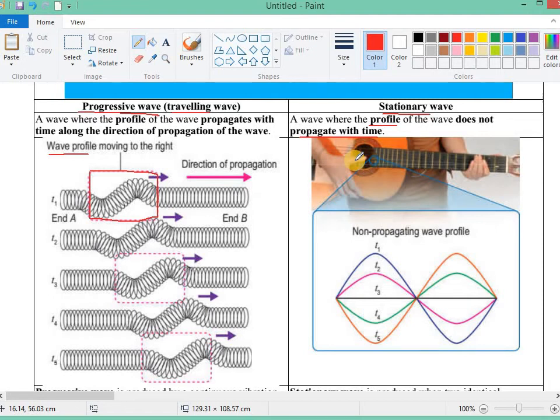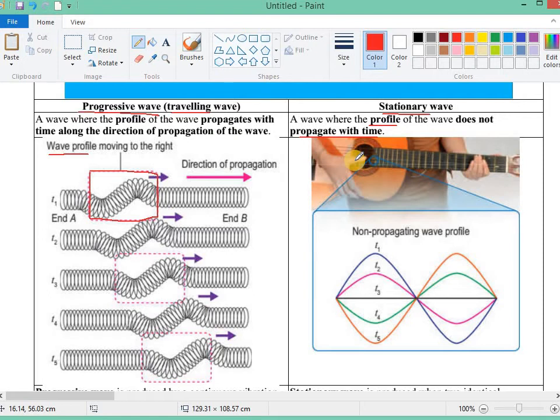Okay, but faster. See, if it's faster, then you can see one complete wave. If I make it faster, see? A stationary wave only goes up and down, it doesn't move.